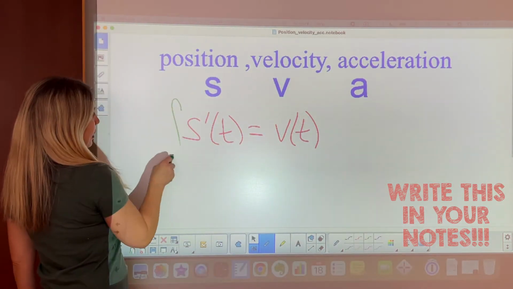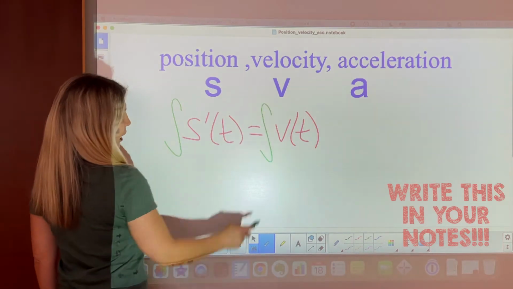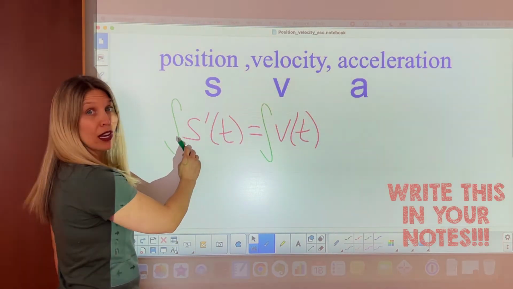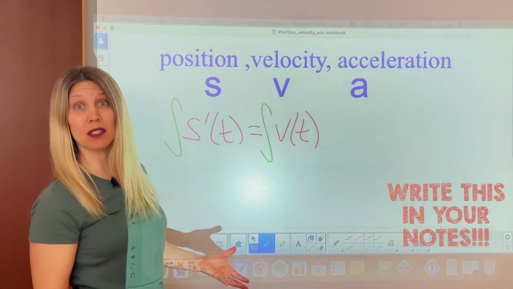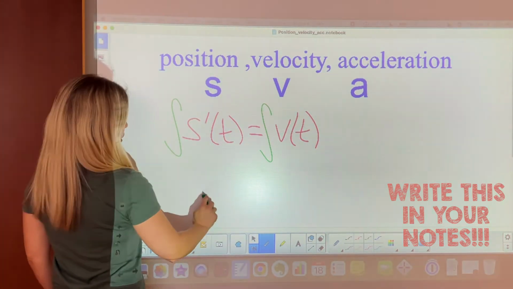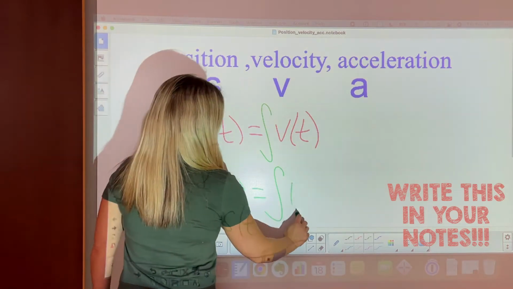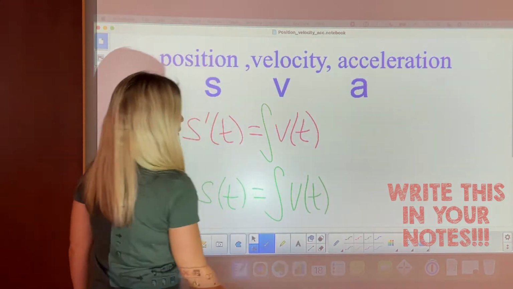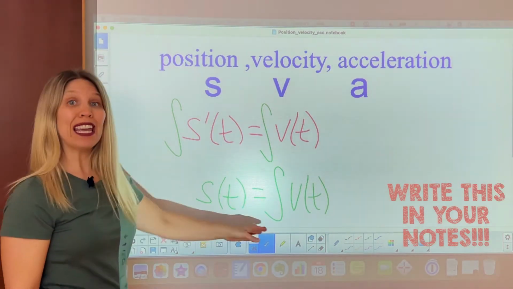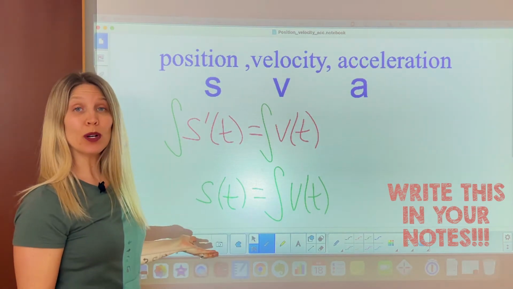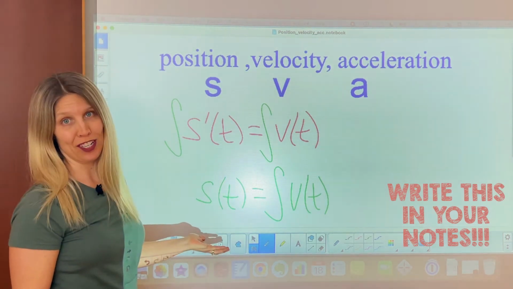If I take the integral of both sides, the integral and the derivative are exact opposites of each other. So that drops out. So you get that if you integrate velocity, you will get your position equation.